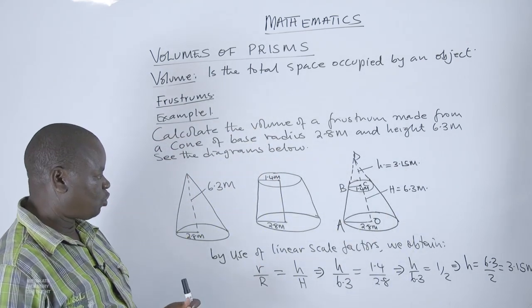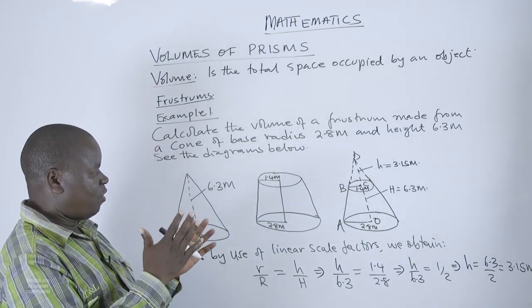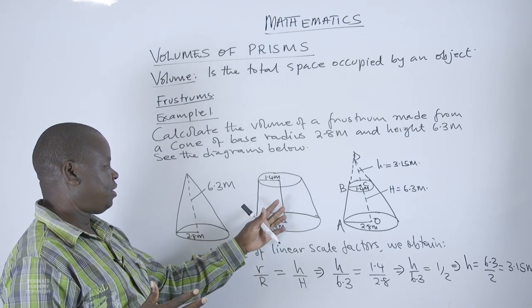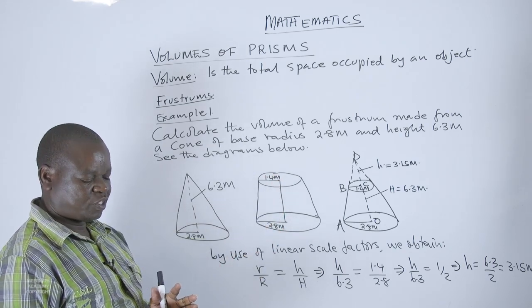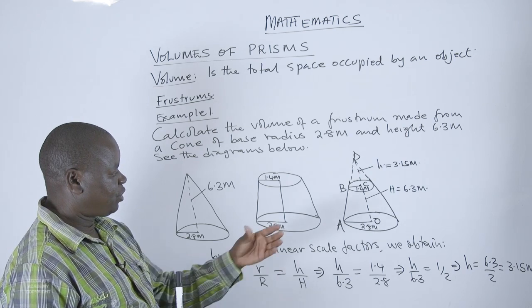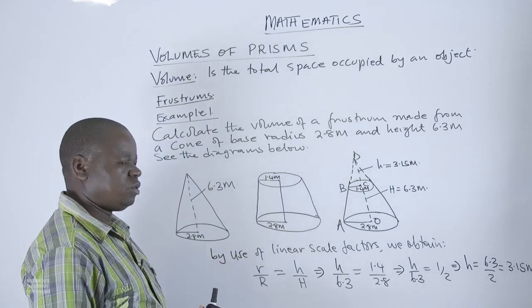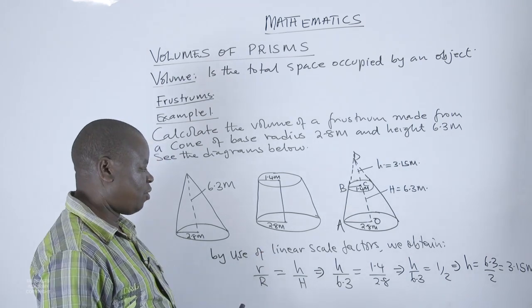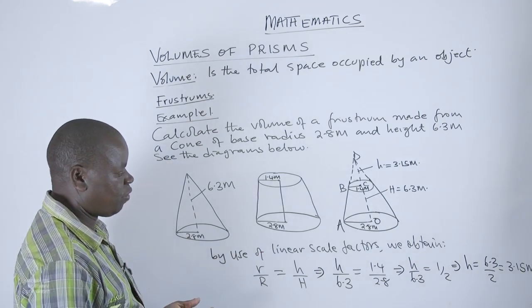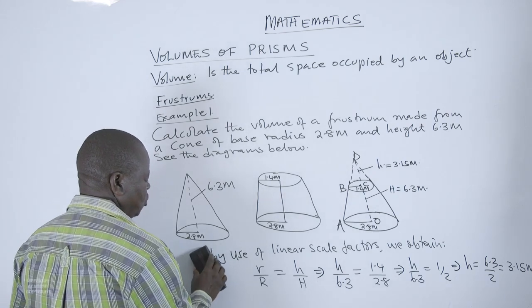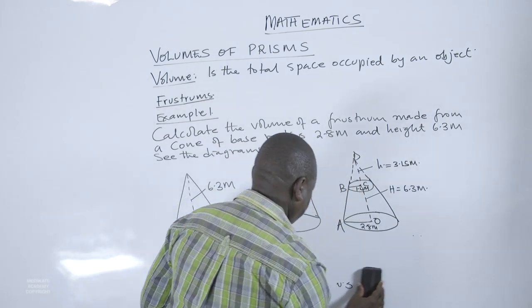Now that we have gotten our small h, we are ready to calculate the volume of the frustum. By using the formula we've learned, let's get the volume of the bigger cone. We get the volume of the smaller cone, we subtract, and that will be the volume of our frustum. So we move on.